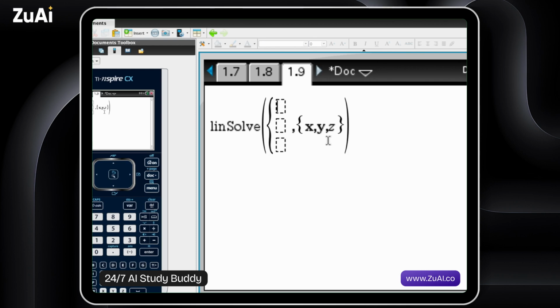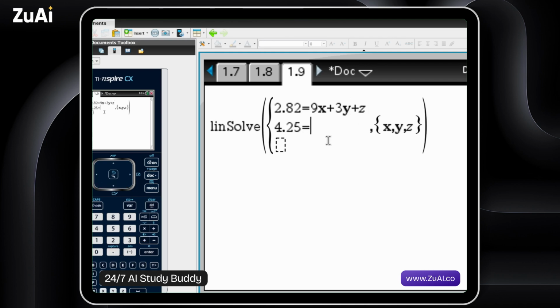That is to say, we have 2.82 is equal to 9x plus 3y plus z. This is a, b, and c. And to be honest, if you want to skip ahead, you can. I don't actually recommend you taking this path.